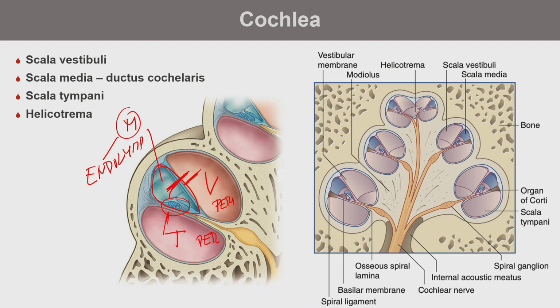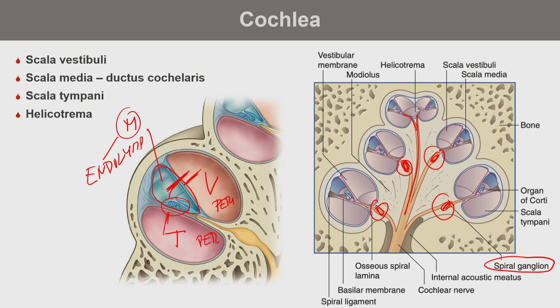From this organ, and we will have the detailed description, the signal is then conducted into the ganglion, which is not single, but a chain of small ganglia forming a spiral-like structure, called the spiral ganglion.